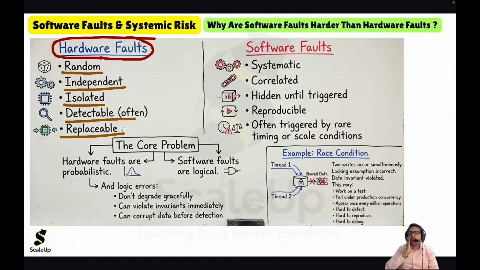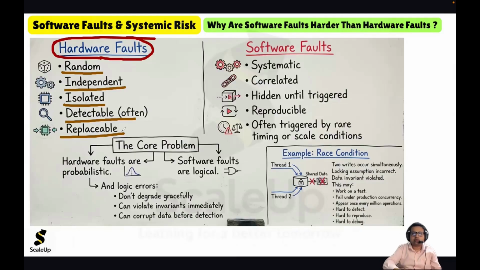It will be isolated, so we can very easily isolate a hardware fault. Let us suppose a disk is facing an issue. We can easily migrate, or go for a backup disk, and isolate this disk with problems. So hardware faults we can isolate. They are detectable and replaceable.